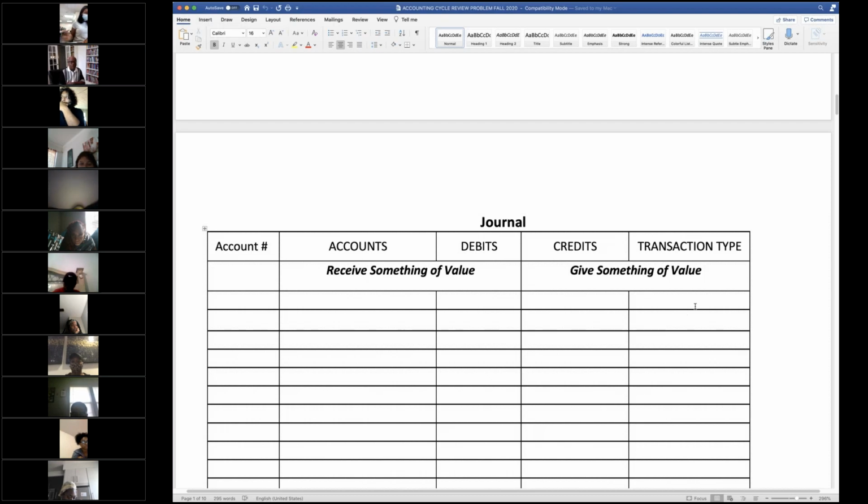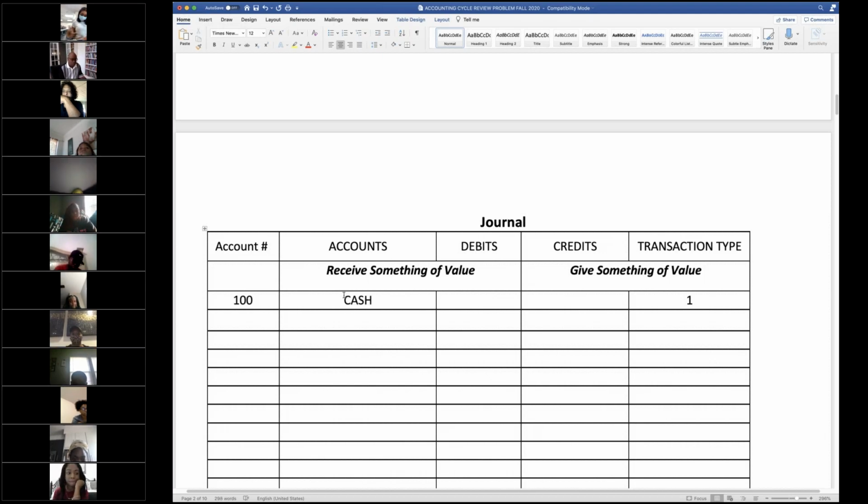What type is that first journal entry? Type 1. What are you going to debit? Cash. Account 100, cash, 50,000. What are you going to credit? 400, common stock.